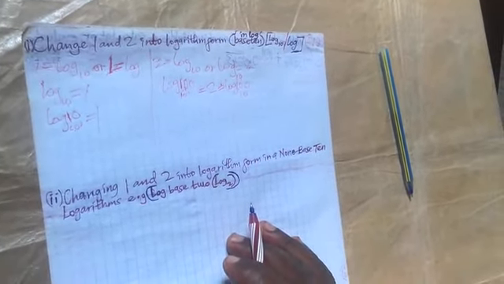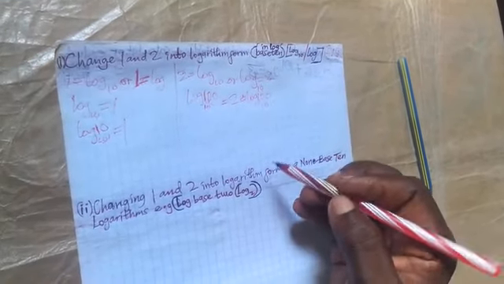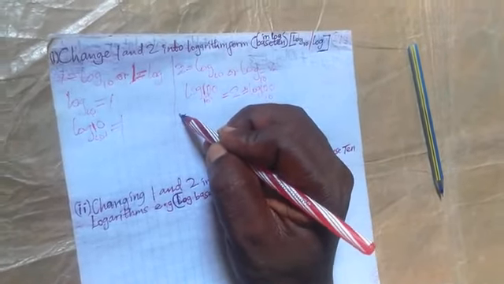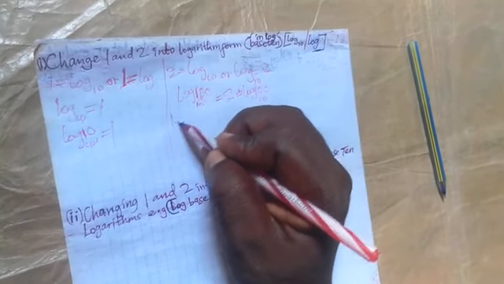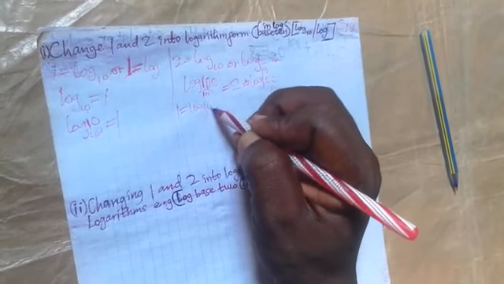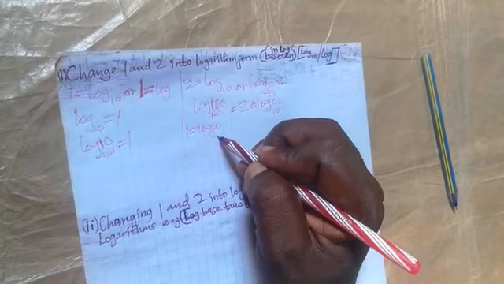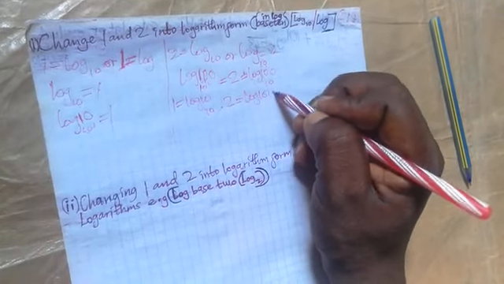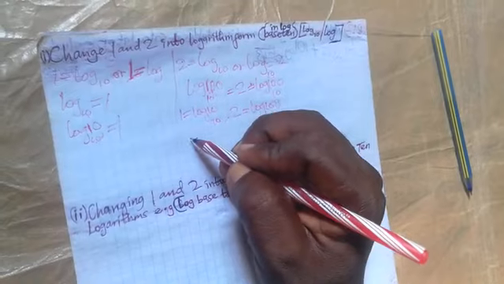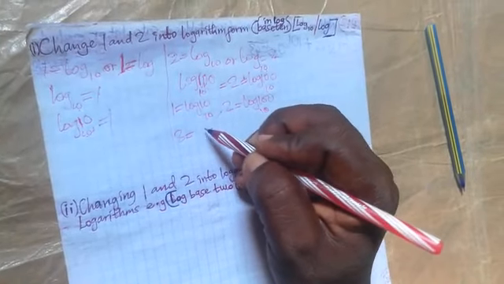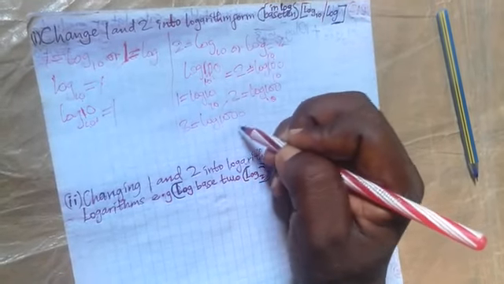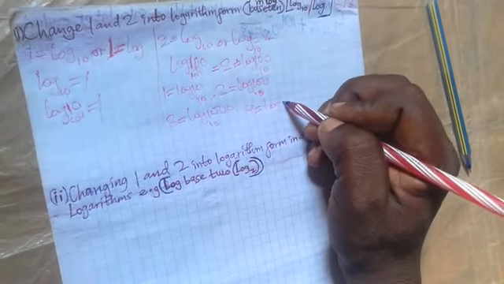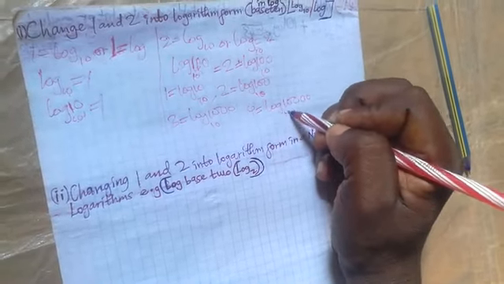Remember, you should always know that 1 is equivalent to log of 10 base 10, and 2 is the same as log of 100 base 10, and 3 is equivalent to log of 1000 base 10, and 4 is equivalent to log of 10,000 base 10.